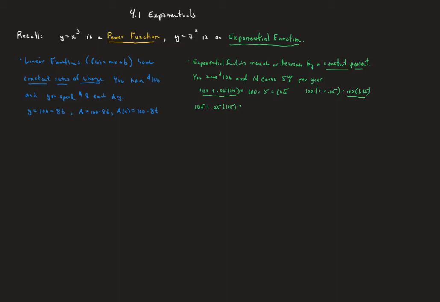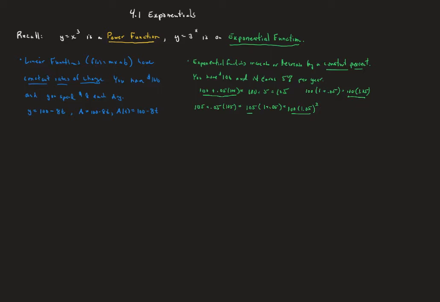So we write it as 105 times 1 plus 0.05 again. But remember that 105 came from 100 times 1.05. That's the $105 there, times another 1.05, which makes 1.05 squared.